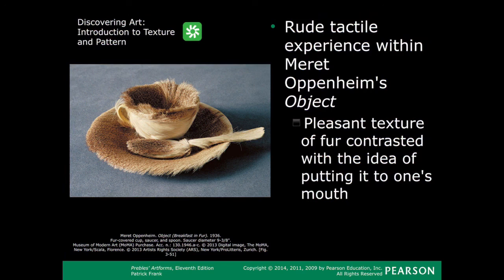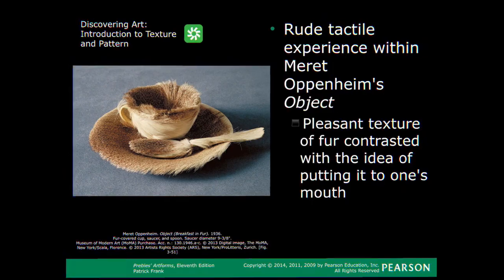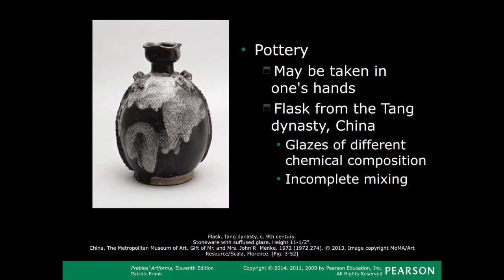It would probably make you feel a little bit uncomfortable. Imagine using a spoon that is made out of fur. And right away, I'm guessing that many of us feel a little bit uncomfortable, and that's what the artist Oppenheim does here, purposely, using texture to make us feel differently.